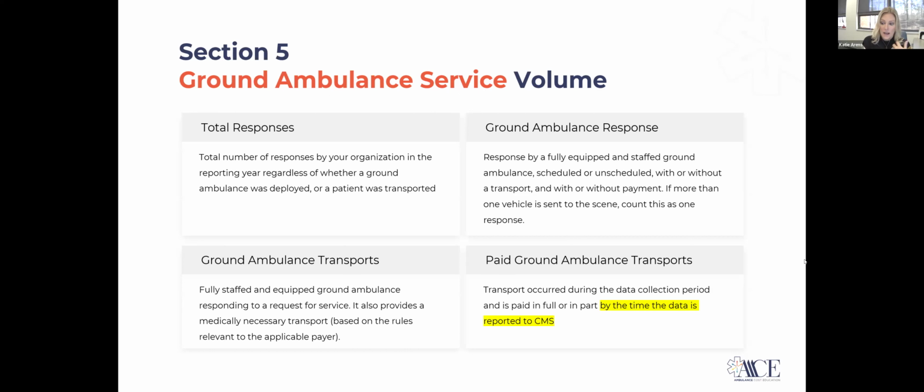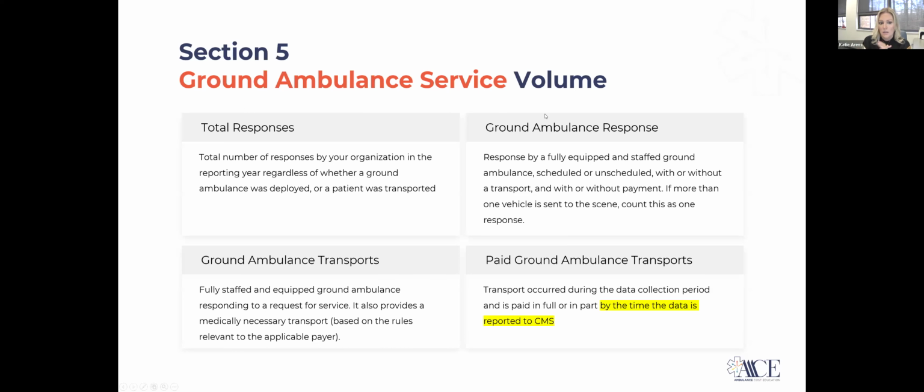So you may not have received a payment yet on all of your transports that you had for that collection period. But when you go to report your data to CMS within that 5 months of either finishing your calendar year or the end of your fiscal year, you're going to need to report in that period how many of those were paid at 1 penny or more. So not paid fully, but you received some form of payment or cash or revenue that would count as 1.